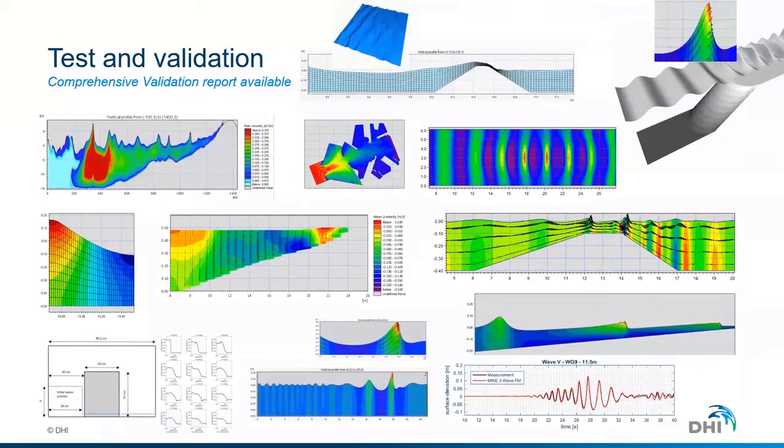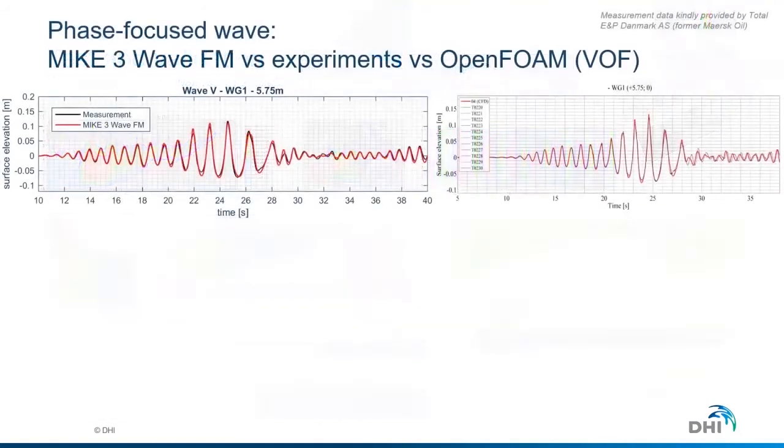We tried the nonlinear shoaling over a submerged shoal. We have also tried some porous dam break comparisons, and we have done some overtopping comparisons as well. So we will look into a bit more detail here in the coming slides.